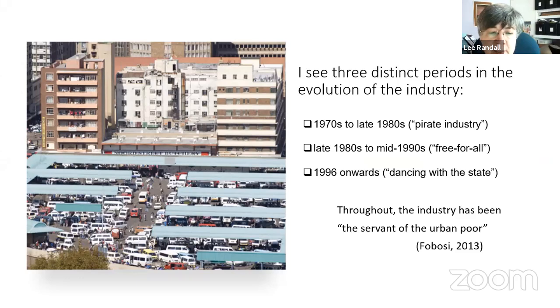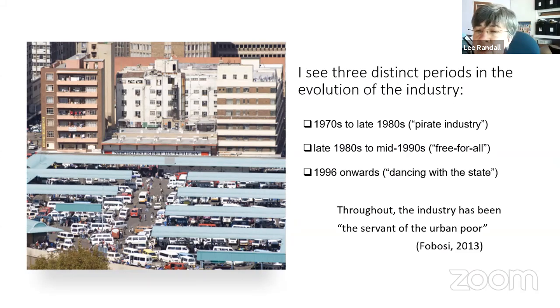Very briefly, as I see it, there were three distinct periods in the evolution of the industry. So it was born as a pirate industry and remained a pirate industry for a long time. And one can see the vestiges of the pirate mentality still in the industry very prominently today. Then the late 1980s to the mid 1990s, I call the free-for-all era, where there was regulation, then deregulation, then a return of some regulation, which was defied.